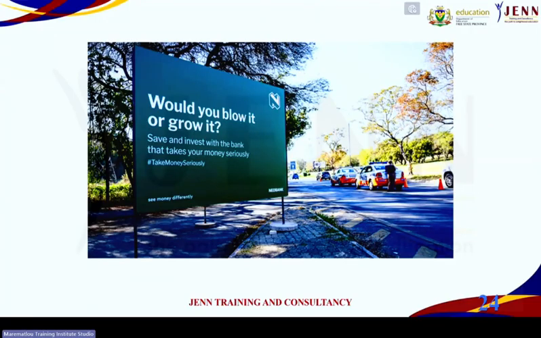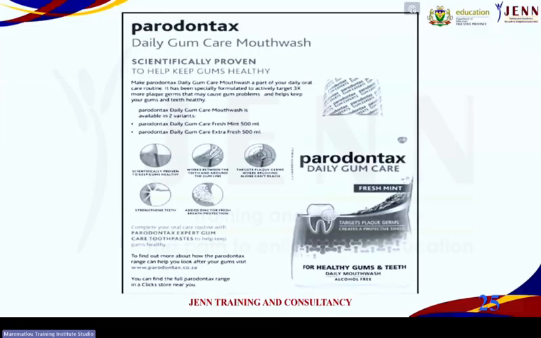Now, in the next slide, I have an example of a previous paper where they gave us a mouthwash from Parodontax Daily Gum Care in fresh mint. Now, they did ask specifically in this paper what technique was used or what words or diction was used in this advertisement to convince us to use this product.